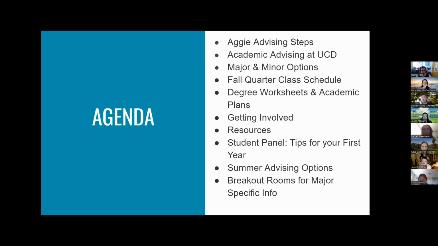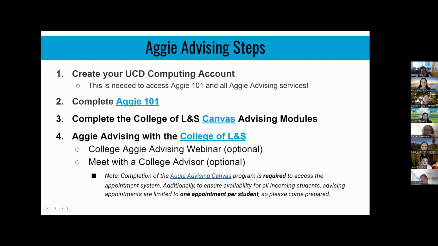All right, so for the Aggie Advising step, the first thing that you would need to do, if you haven't already done so, is to create a UC Davis computing account. This is needed to access the Aggie 101 and all Aggie Advising services.